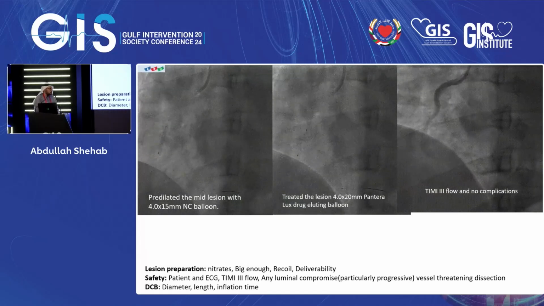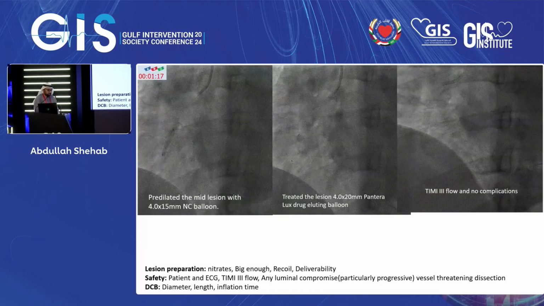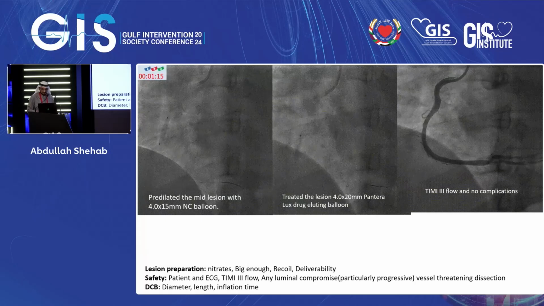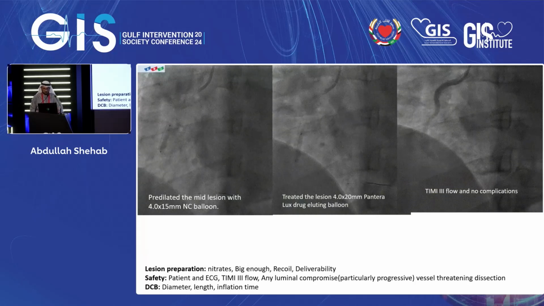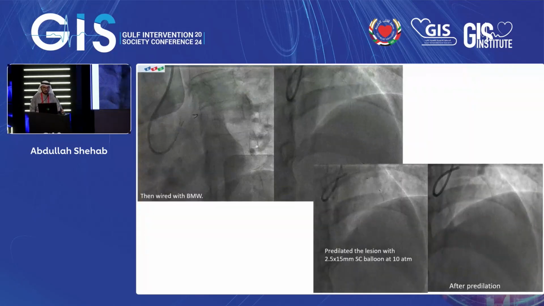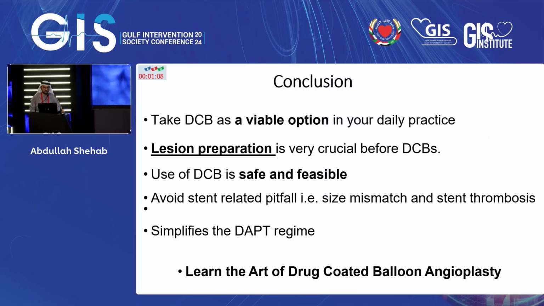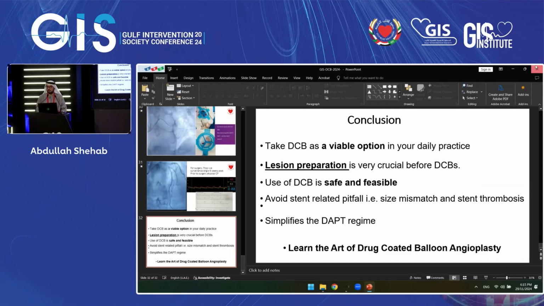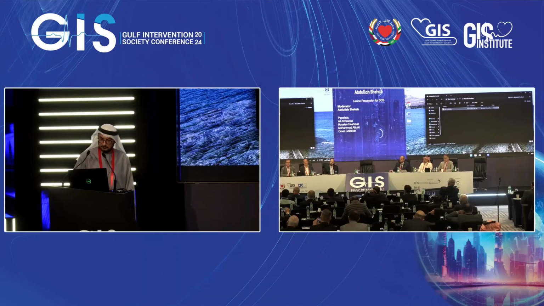Until 2019, we had a class 1A indication for in-stent restenosis with DEB. But then the guideline was in 2019, and then we had 3 randomized trials, so 2 meta-analyses and 1 randomized trial. According to those trials, the Desire 3 trial, there was no difference in MACE or even TVR or TLR.